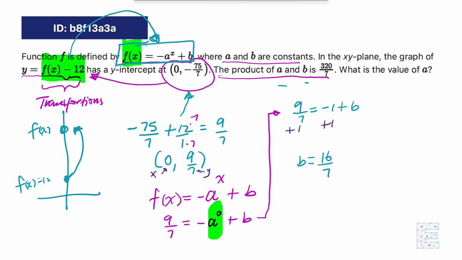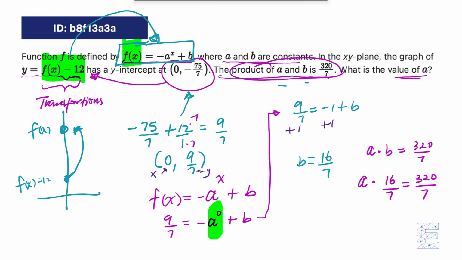Now, we're getting closer to finishing this question. The final part of this is saying the product of a and b is 320 over 7. That means if you take a times b, you get 320 over 7. Well, with being asked to figure out a, we already have b, so a times the b value we just found equals 320 over 7.